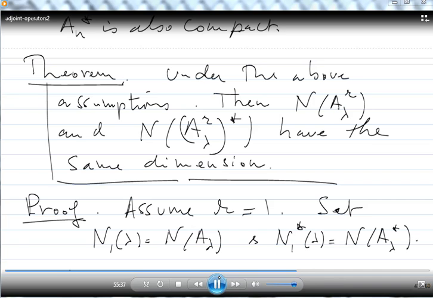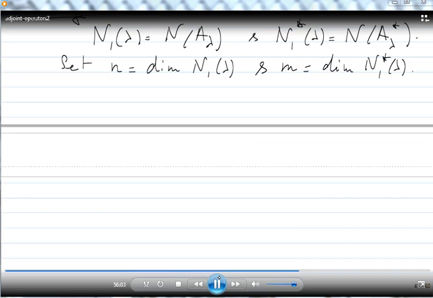Since they are both finite dimensional, set n to be the dimension of N1, and m to be the dimension of N1 star of lambda. So we want to prove n equals m.